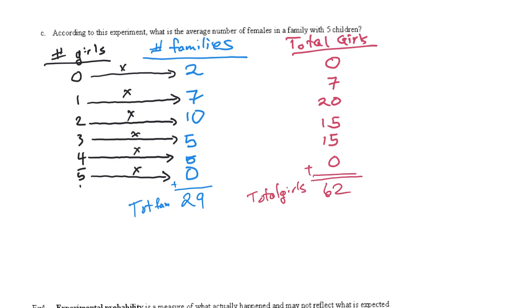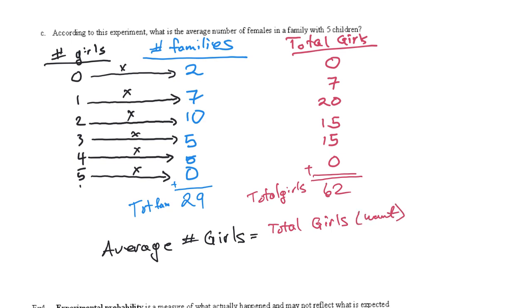So if we want to find the average number of girls, we need to take the total girls divided by the total families.